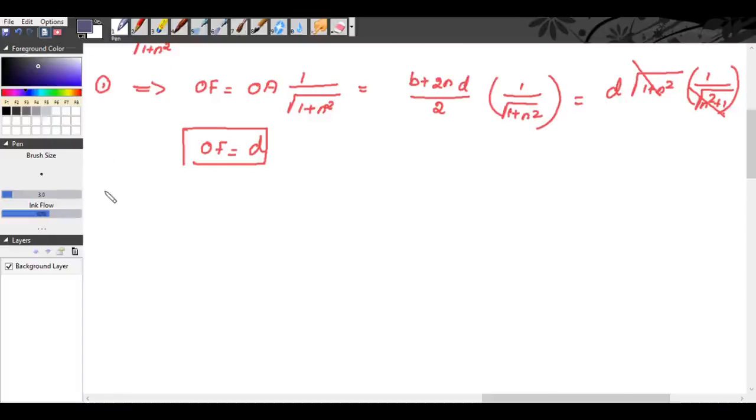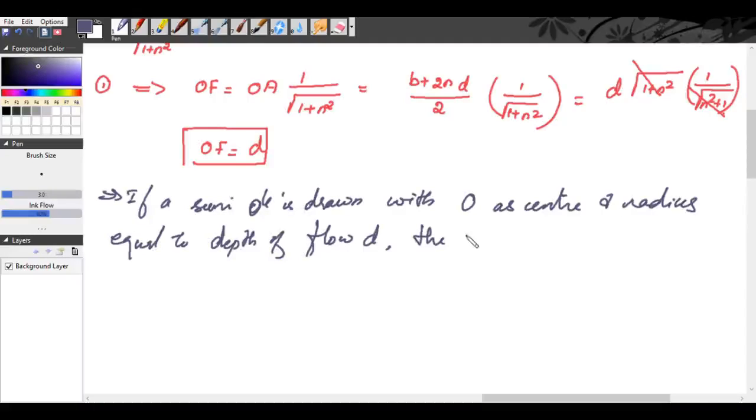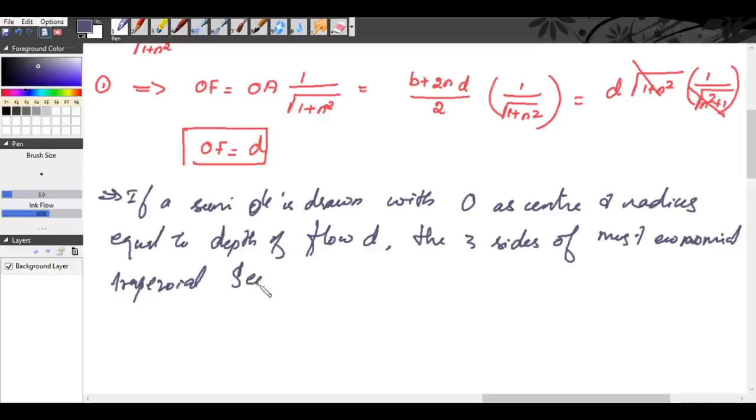From this, what we can obtain is, if a semicircle is drawn with O as center and radius equal to the depth of flow D, then the three sides of the most economical trapezoidal section will be tangential to the semicircle.